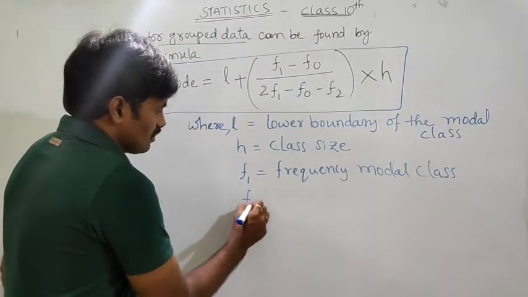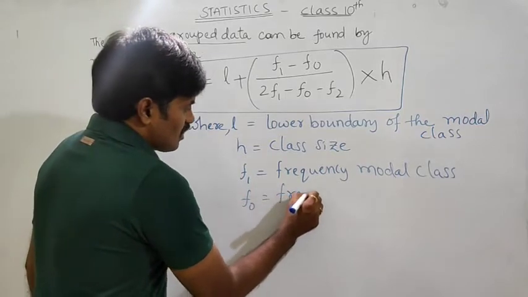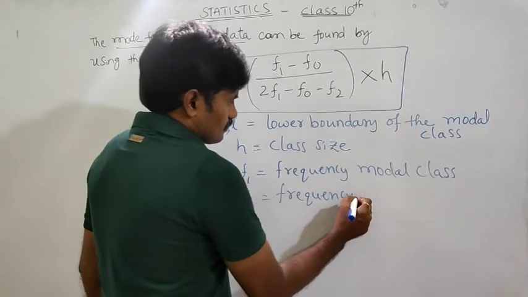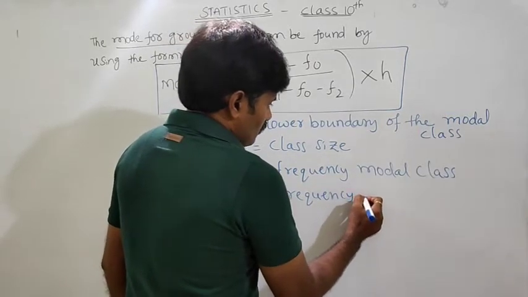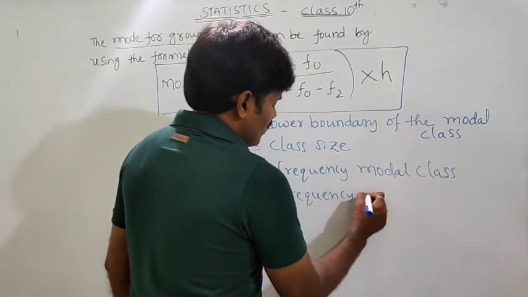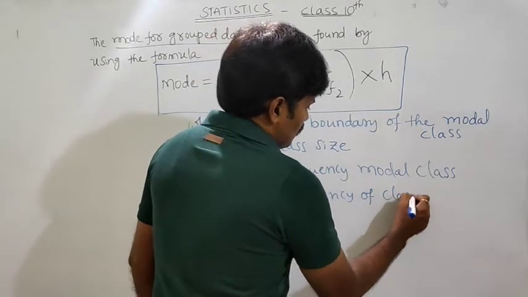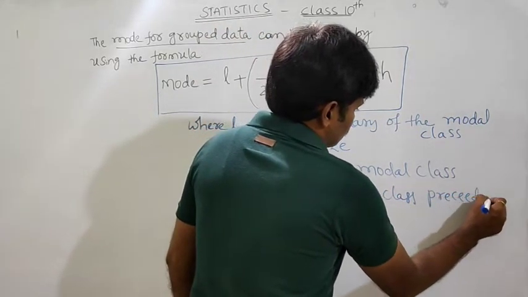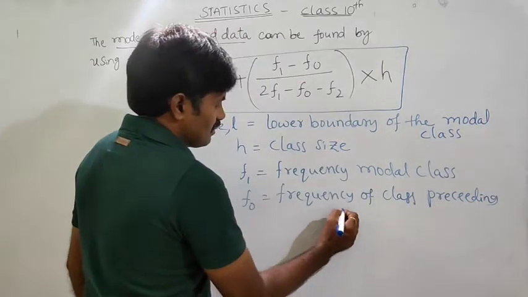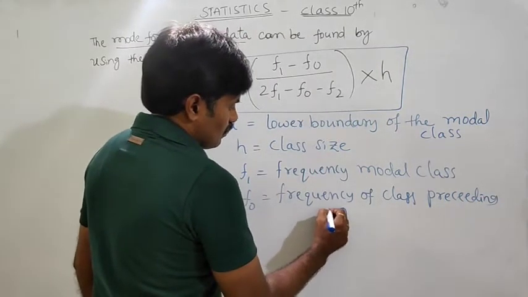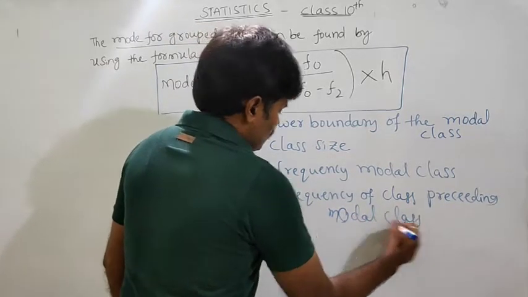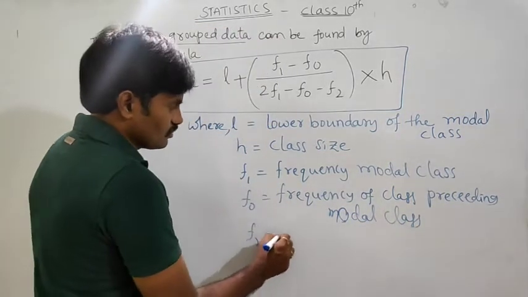Next, what is F0? Frequency of the class just preceding the modal class. Now what about F2?